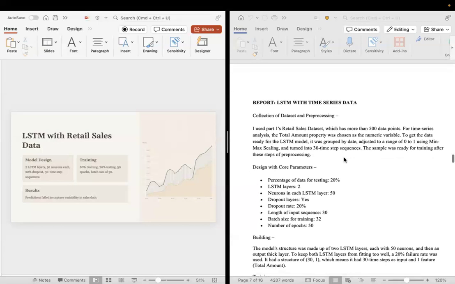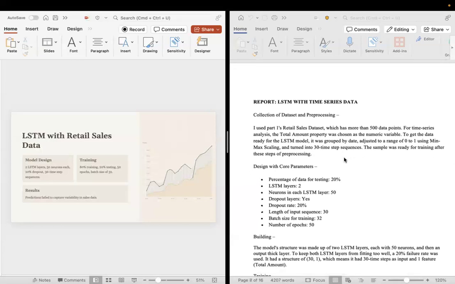The total amount property was chosen as the numerical variable to get the data ready for the LSTM model. It was grouped by date, adjusted to a range of 0 to 1 using min-max scaling, and turned into 30 time step sequences.